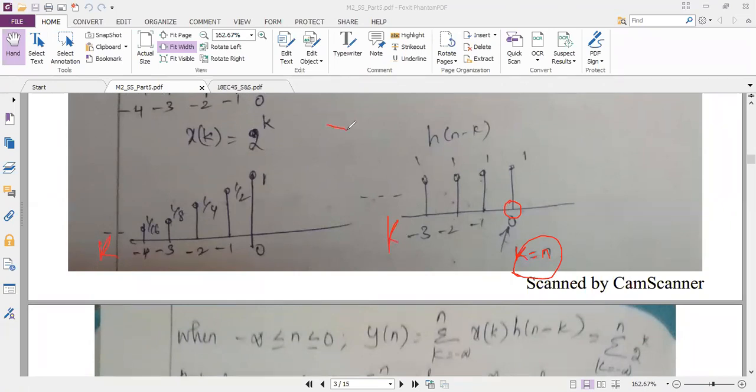As per the formula, I am doing the summation of x of k multiplied with h of n minus k, and then adding it together. So from what values of k will I get the output? I'm just marking on the screen. Can anybody tell me?